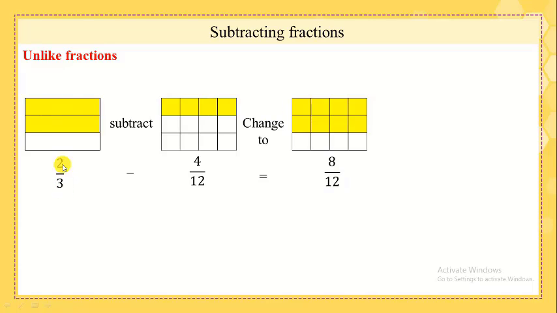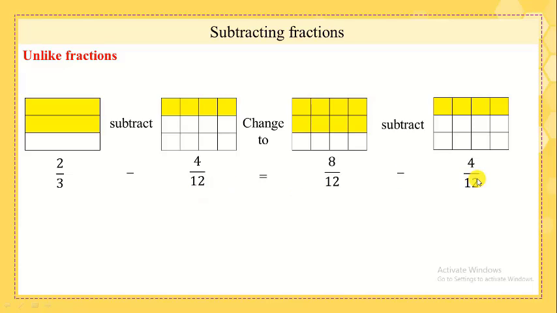Here, 2 over 3 represents 2 rows out of 3, and 8 over 12 represents also 2 rows out of 3. So they are equivalent fractions. And the second fraction, which is 4 over 12, already has a denominator 12, so we leave it.